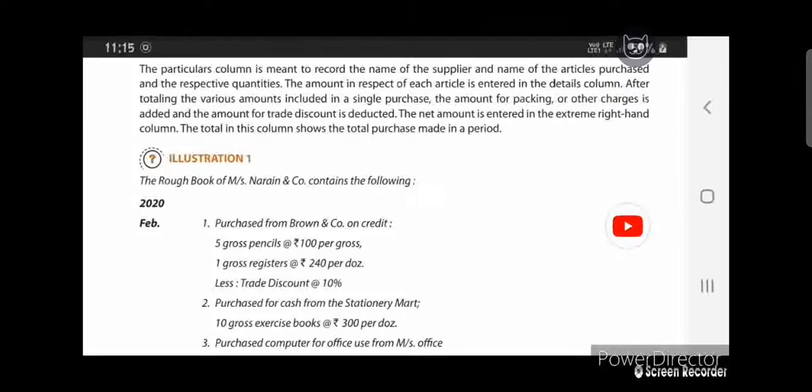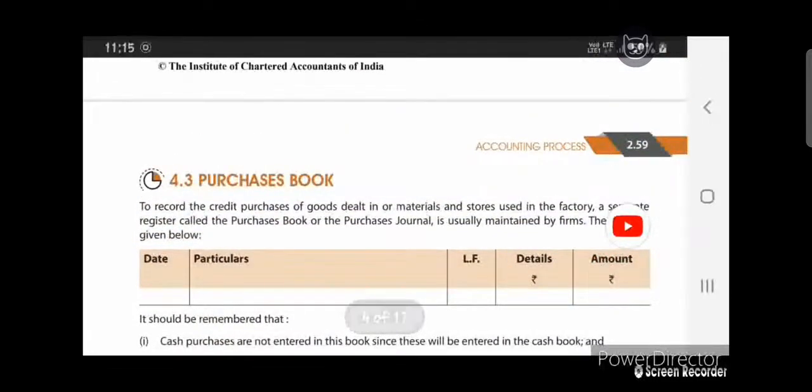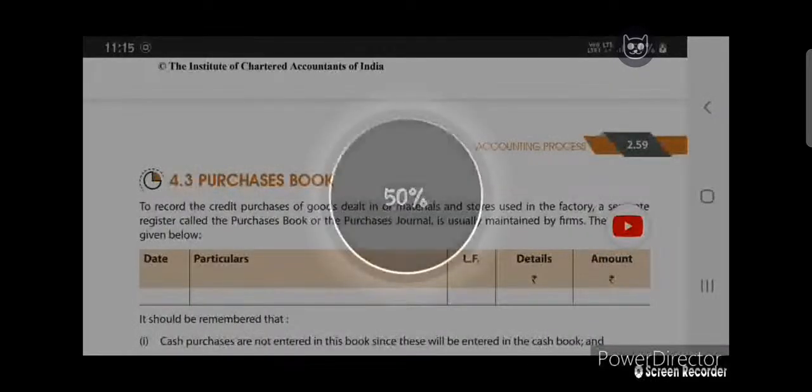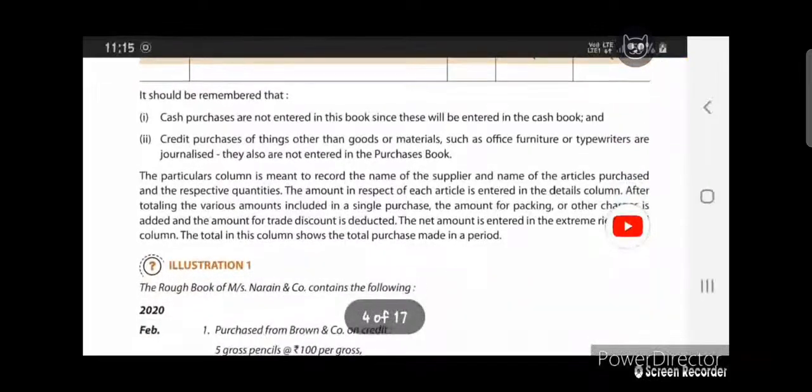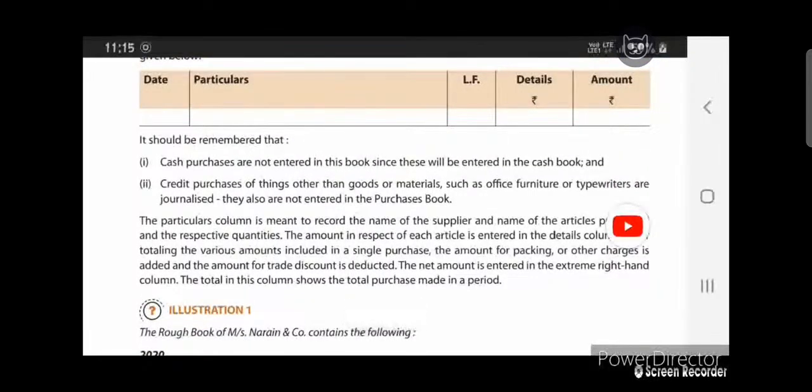It helps you write the company name, or the name of the person from whom you purchased the product. You should not write any other thing in that. You should write only the name of the person, the company, or the supplier, and the respective quantity also you have to write.